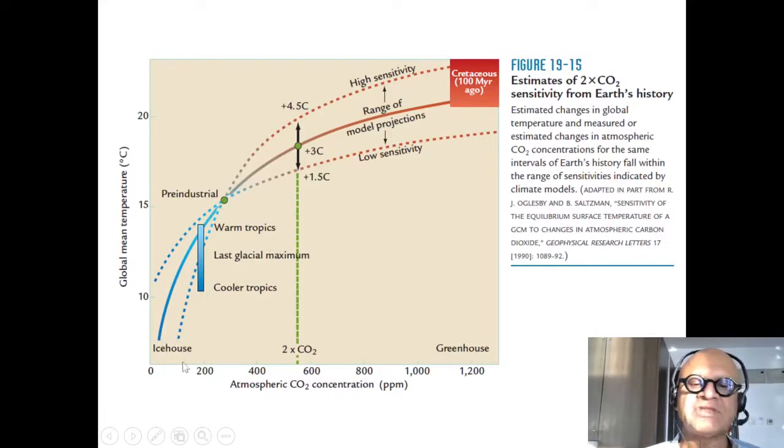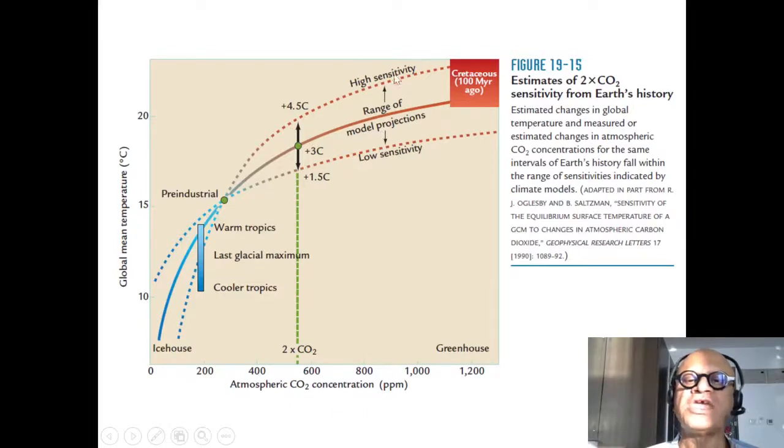Sorry, the atmospheric concentrations of ppm were very low or very high. In the Cretaceous, they were more than 1,000 ppm, as we mentioned before. So depending on the sensitivity, you could have ended up here or there.